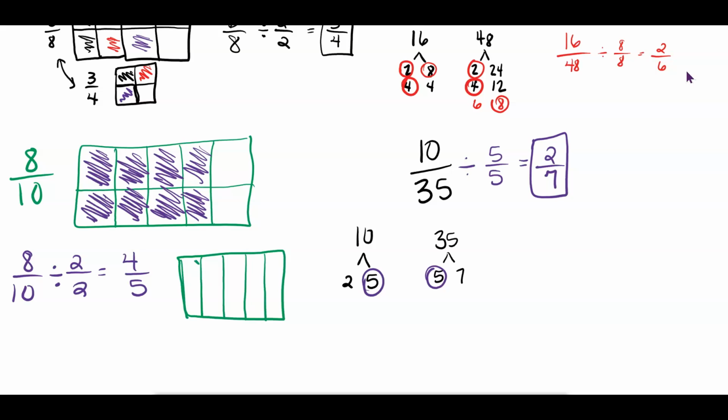Okay, it looked like this. 1, 2, 3, 4. So if I erase this line in the middle, and then drew back the lines, and colored in where I needed to, you see?